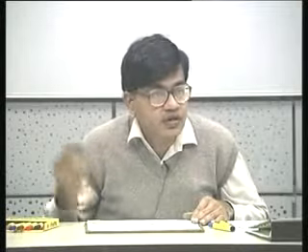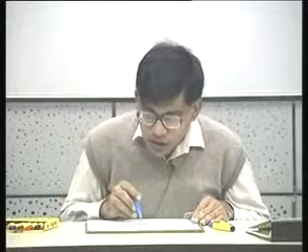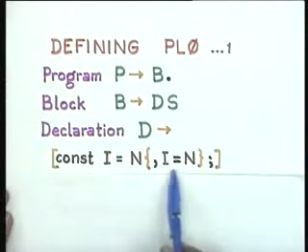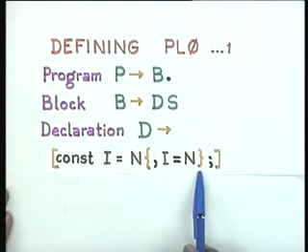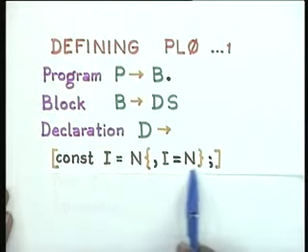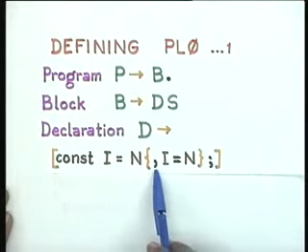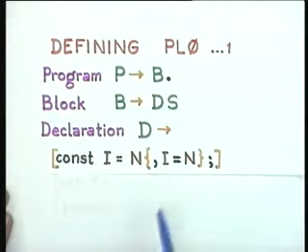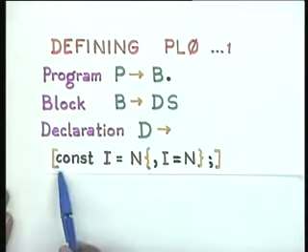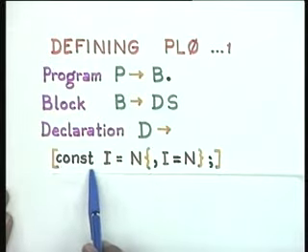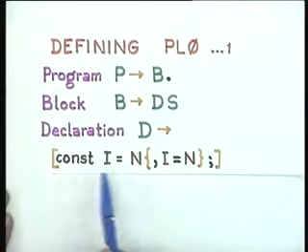Since we have only integers, those are the only kind of data type we have. You could have a number of constants specified, separated by commas. So the comma is a reserved word of this language, and the moment the word const occurs, there has to be at least one constant definition.